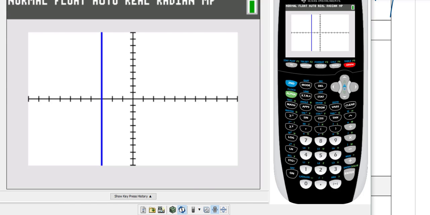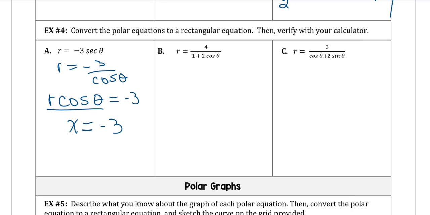All right, so doing the other ones. So the next thing, I don't want a fraction here, so I'm going to have r plus 2r cosine theta equals 4. So now I have r plus 2x equals 4, so I'm almost there. But what I want to remember is I don't want any r's at all.